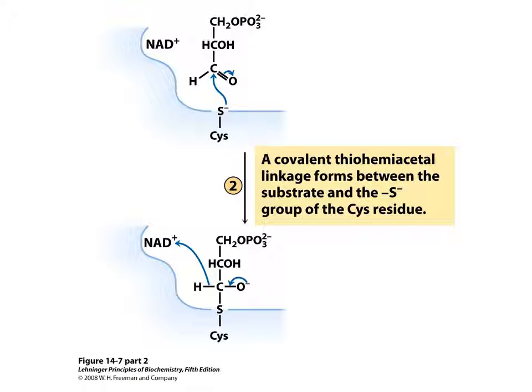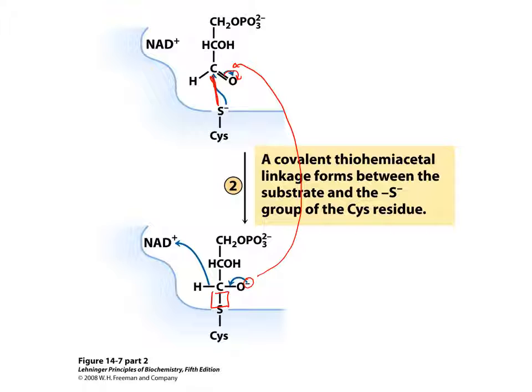So now we have a covalently bound substrate to the cysteine residue by a thiohemiacetal bond linkage, which is this right here, this linkage right here. So, as such, our molecule is primed for further enzymatic reactions. And in this case, what happens is we remember we had the release of an electron from carbon to this oxygen when this bond was made.